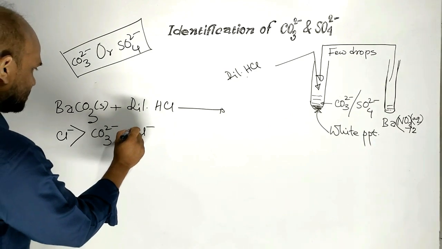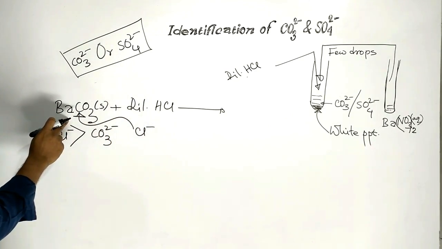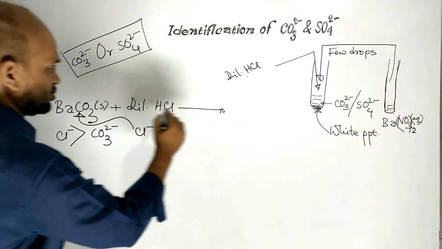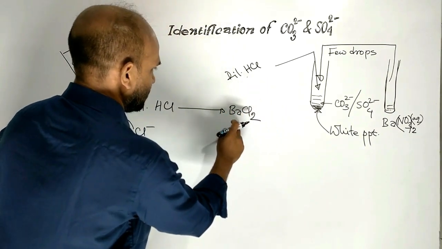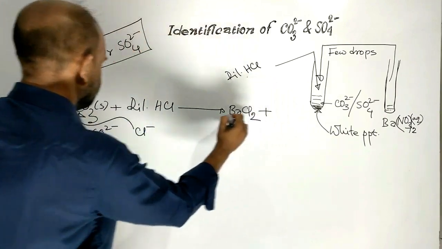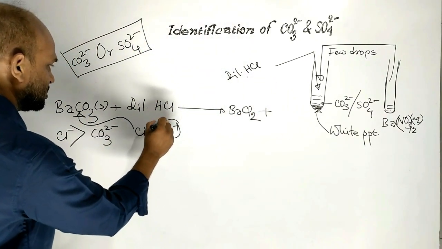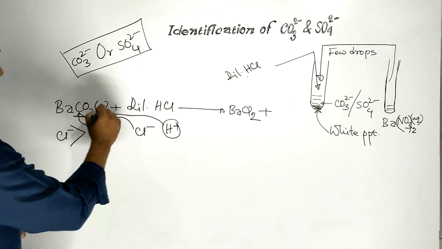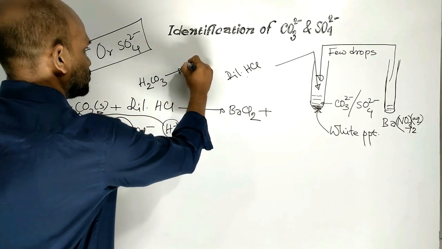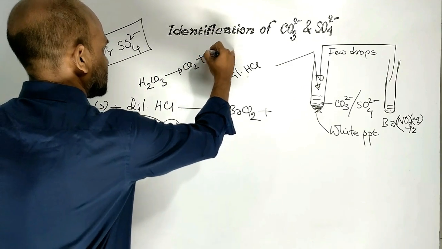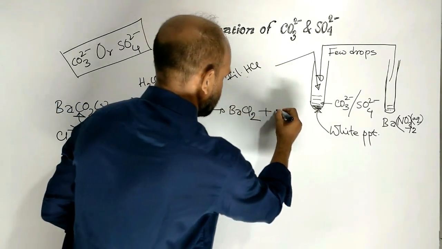So, this chloride ion replaces this carbonate ion to form barium chloride, which is soluble in water, and this proton from acid combines with carbonate ion to form carbonic acid that changes to carbon dioxide and water expeditiously, promptly.